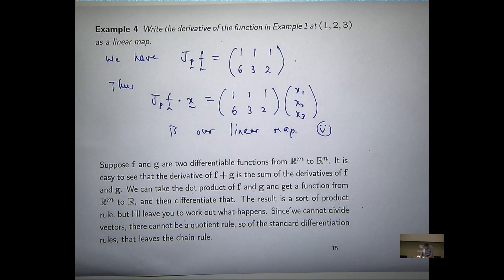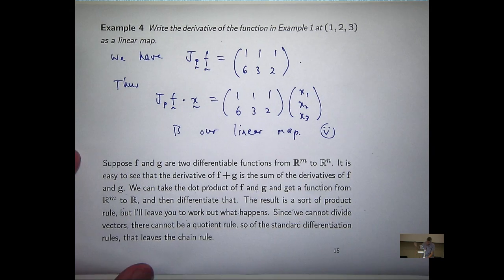Now, if this Jacobian is some sort of derivative, then what are the rules? What about, if I add two functions together, is the Jacobian of their sum equal to the sum of the Jacobians? Yes. And the general rules of calculus apply, the algebraic type rules here.